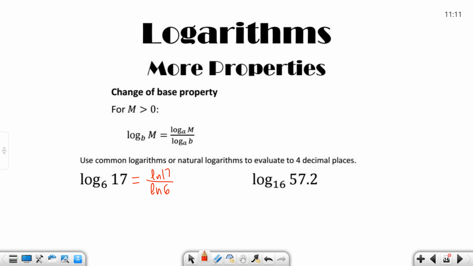And then I'm going to write these down, but really you find this in your calculator all at once. The ln of 17 is 2.83, with a bunch of other stuff after it. I'm going to divide that by the ln of 6, which is 1.791759, and so on.